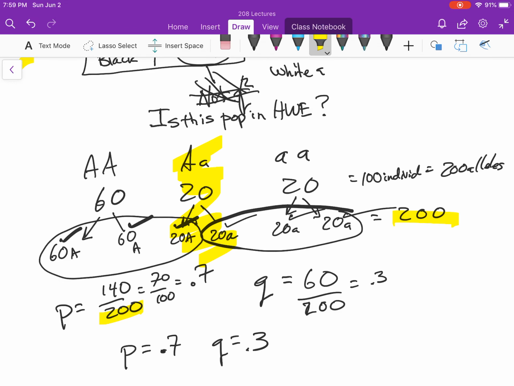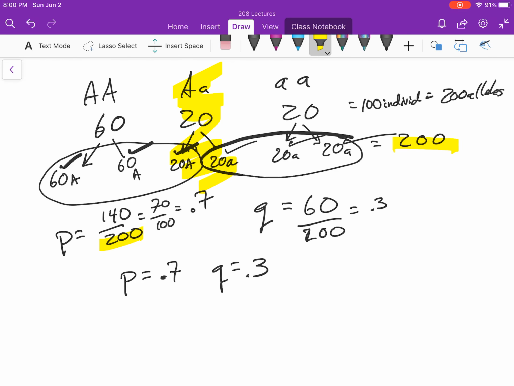And that makes it pretty easy. If you're given percentages, then you use 200 because they would sum to 100. All right, P and Q, remember, stay the same no matter whether or not you're in Hardy-Weinberg. This is a constant. This is just a fact. This is just P and Q.